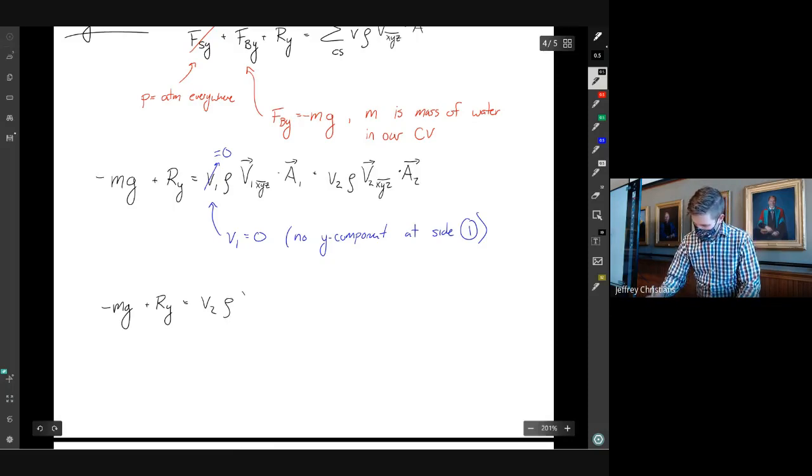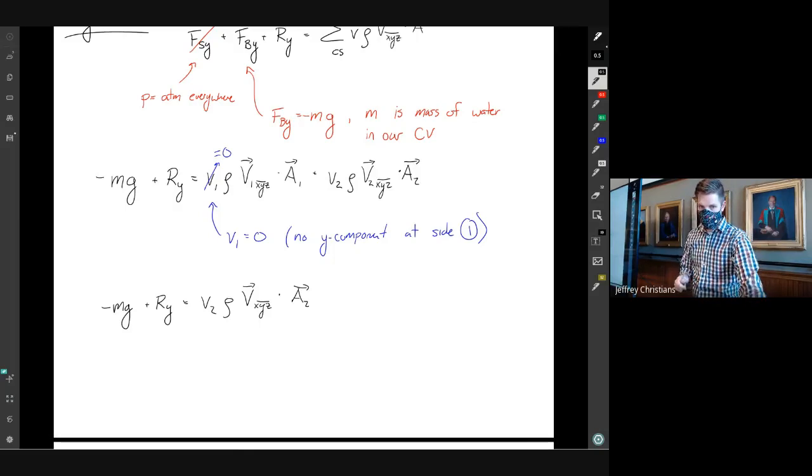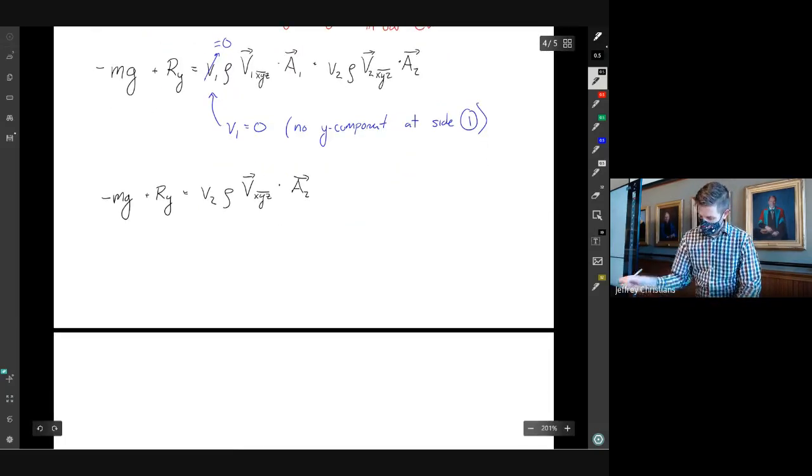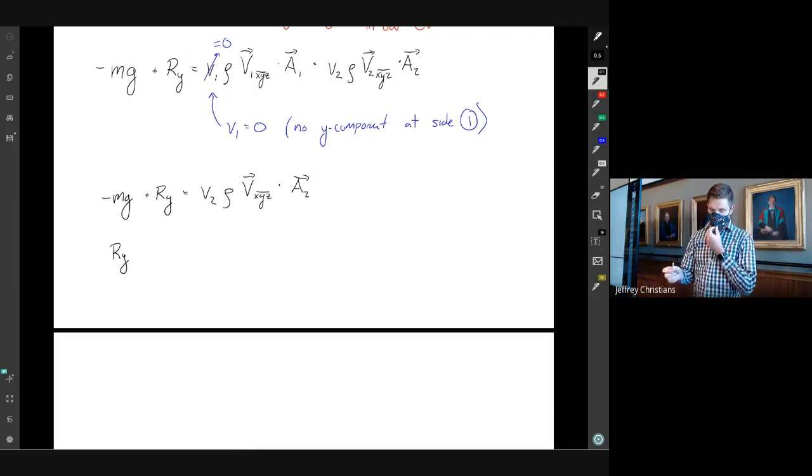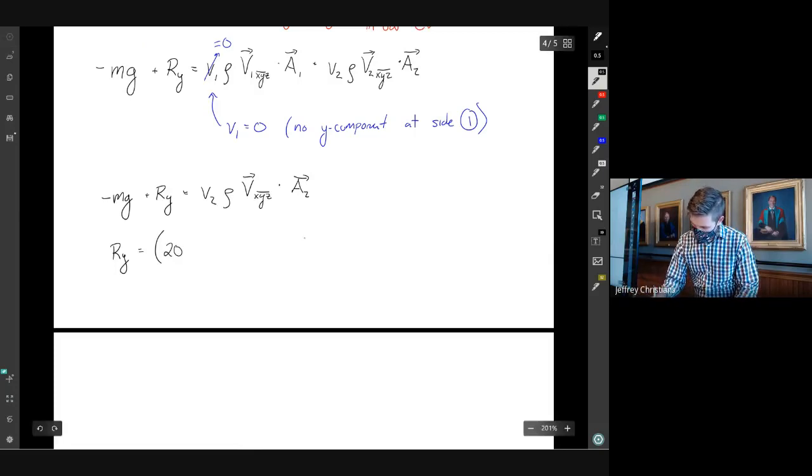V2 rho V2 dot A2. So the reaction force is equal to, so the y component, V2, so that's 20 times sine 60 degrees times the density, 1,000.